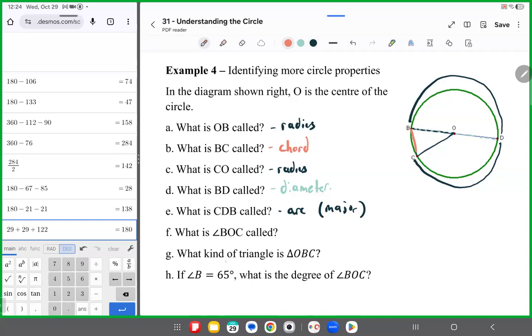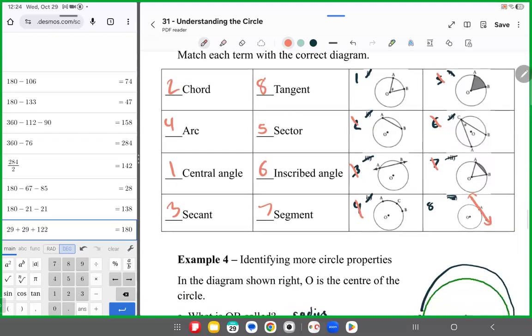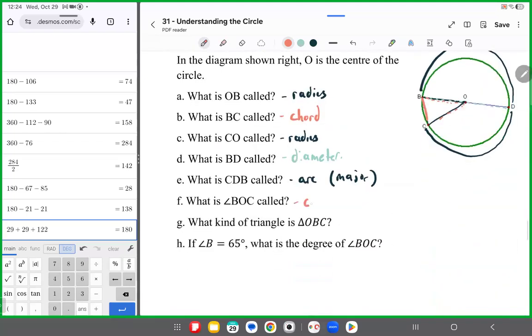What about angle BOC? If we want the angle from, let's put this in red, BOC, we see that's an angle carved along point O. If you're not sure, you can use the diagram from above to help you. This is what we call the central angle.